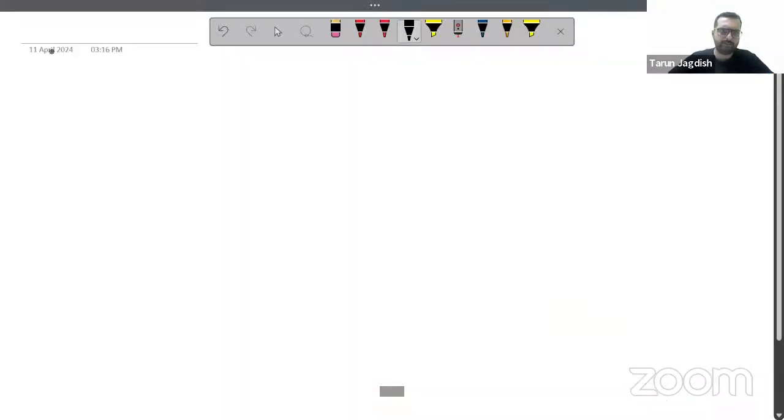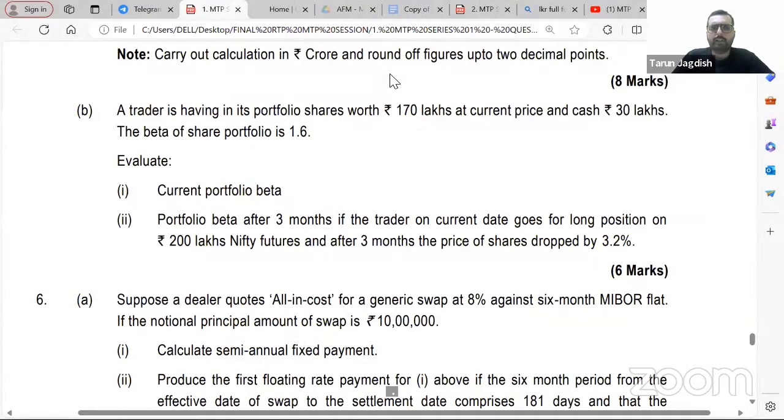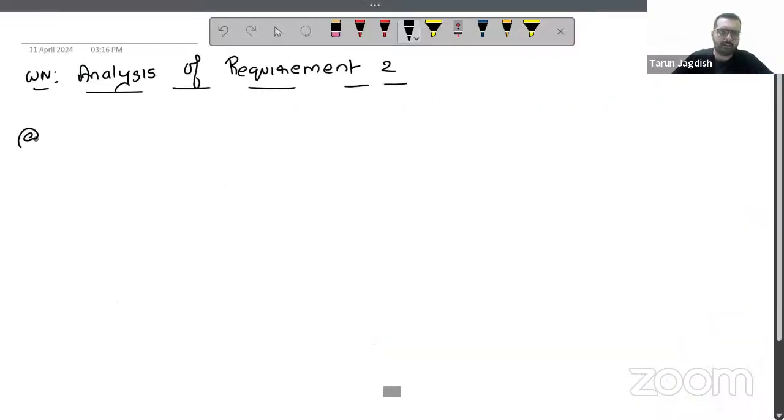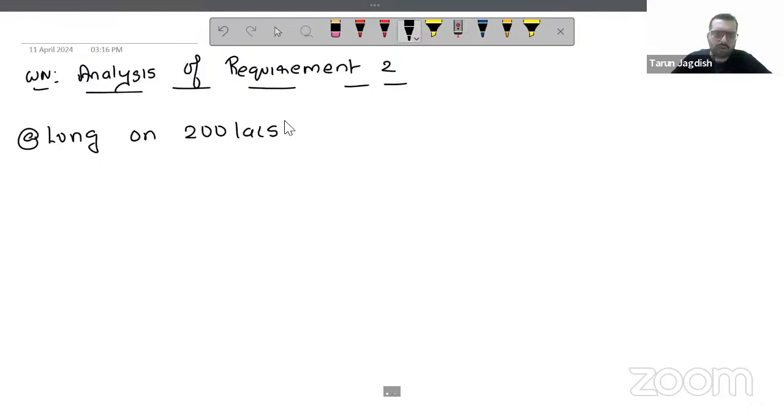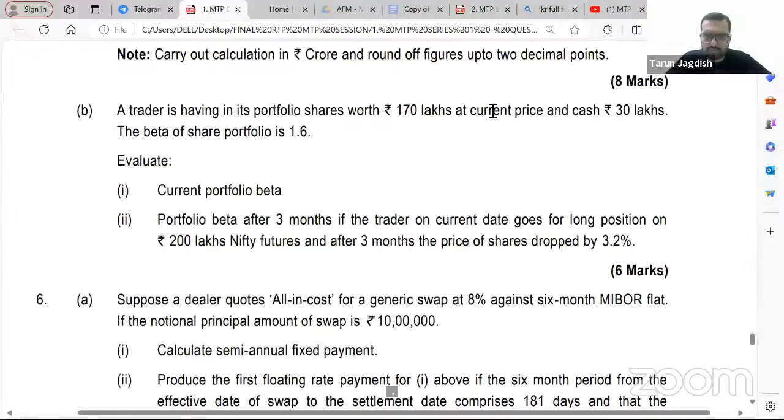Okay, let us just understand the question. So I'll write down analysis of requirement 2. There they have told portfolio beta after 3 months if the trader on the current date goes for a long position on 200 lakhs of Nifty future.